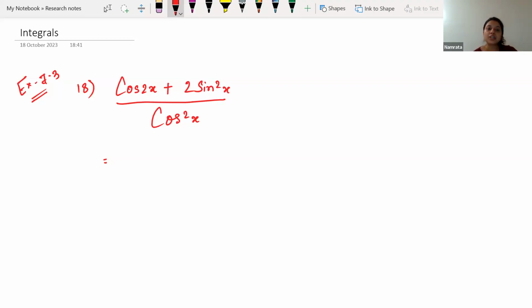So one thing we can think about is, let's convert this 2 sin square x in the form of cos 2x. So there is a formula of cos 2x which can give the result, cos 2x is equals to, can we write 1 minus 2 sin square x?